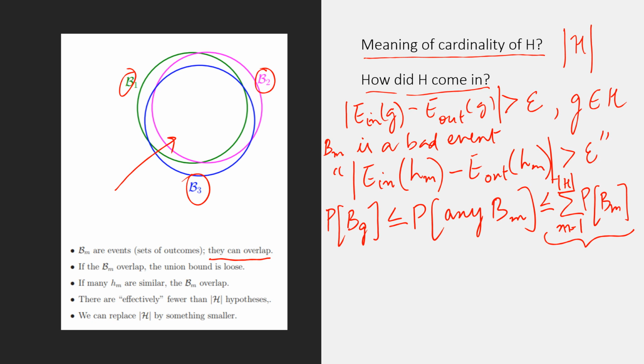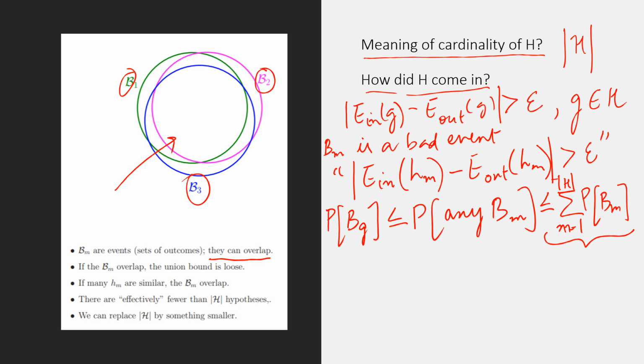What it means is that many hypotheses will coincide. For example, think of the perceptron. We slowly vary the weights, so it's highly likely that many hypotheses will be very close to each other, right? A very infinitesimal difference between many hypotheses.